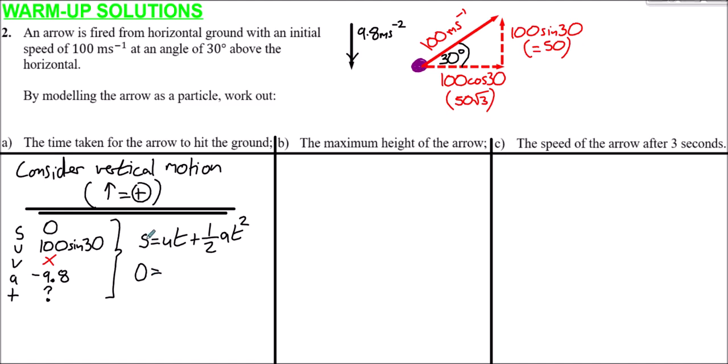Initial speed u is 50, because 100 sin 30 is 50. So that's 50t plus a half times minus 9.8 times t squared. Just highlighting what we've used there: u is 50, which is the same as 100 sin 30, and a is minus 9.8.